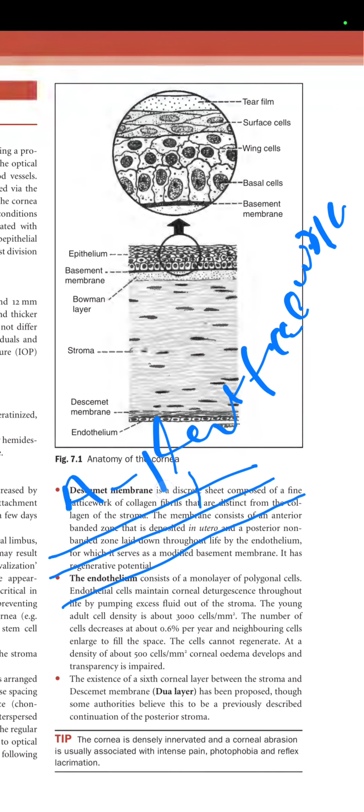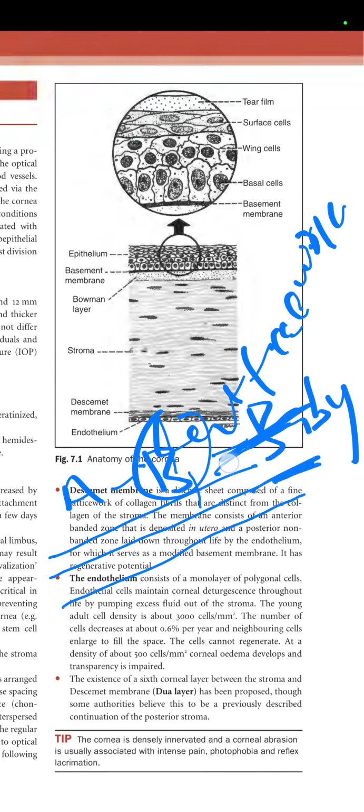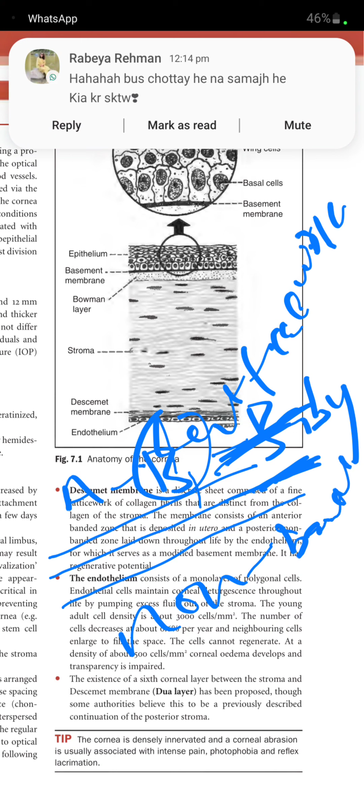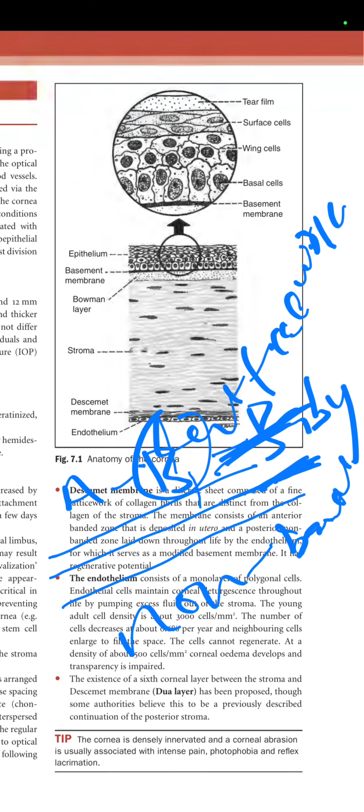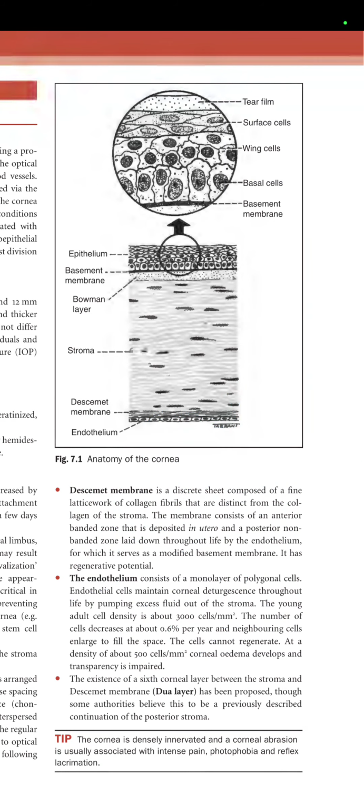The anterior layer is banded, deposited in utero, in the baby. The posterior non-banded zone is not formed in the baby; it is formed by the endothelium, and it serves as a modified basement membrane. It has regenerative potential.